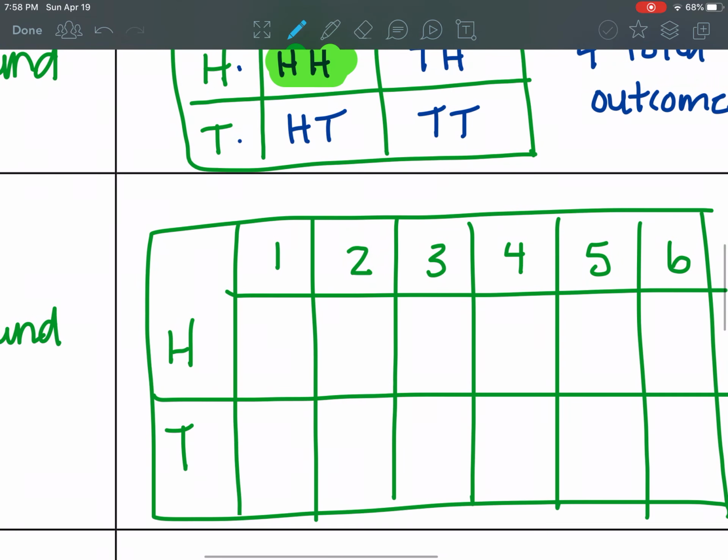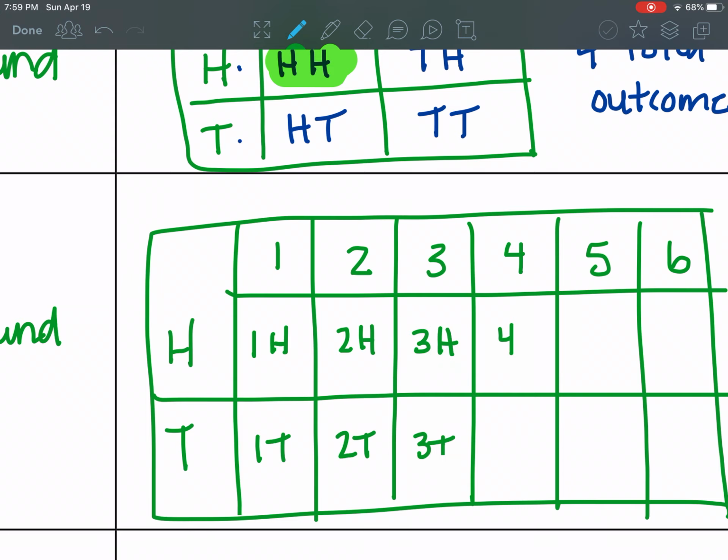So we could roll a 1, flip a heads, roll a 1, flip a tails, a 2 heads, 2 tails, and so on. 3 heads, 3 tails. So we're listing out and organizing it so that we can see every single possible outcome. 5 heads, 5 tails, 6 heads, oops, and 6 tails.